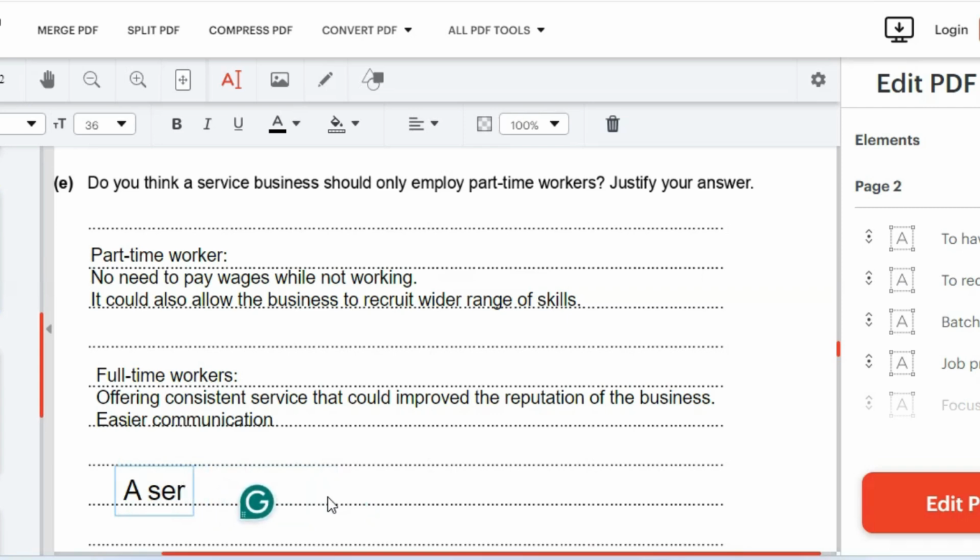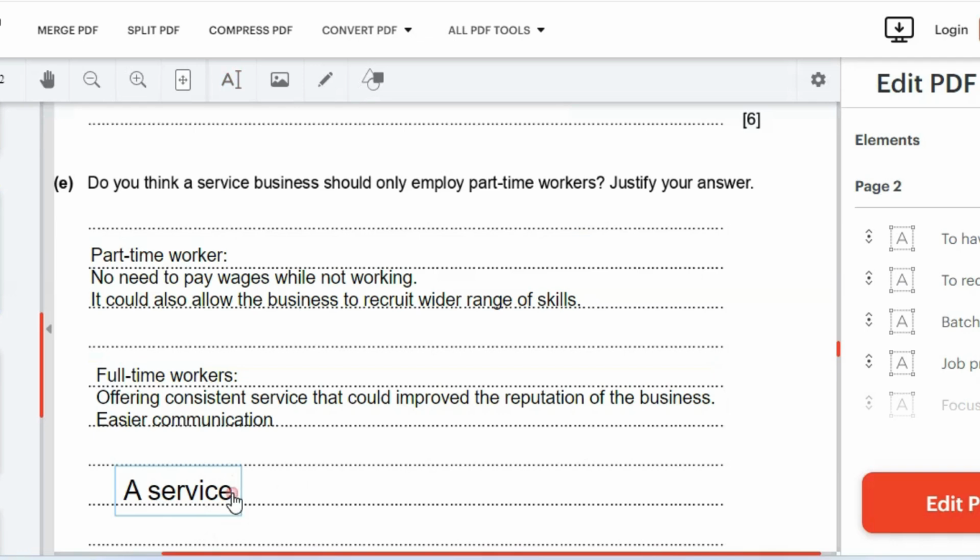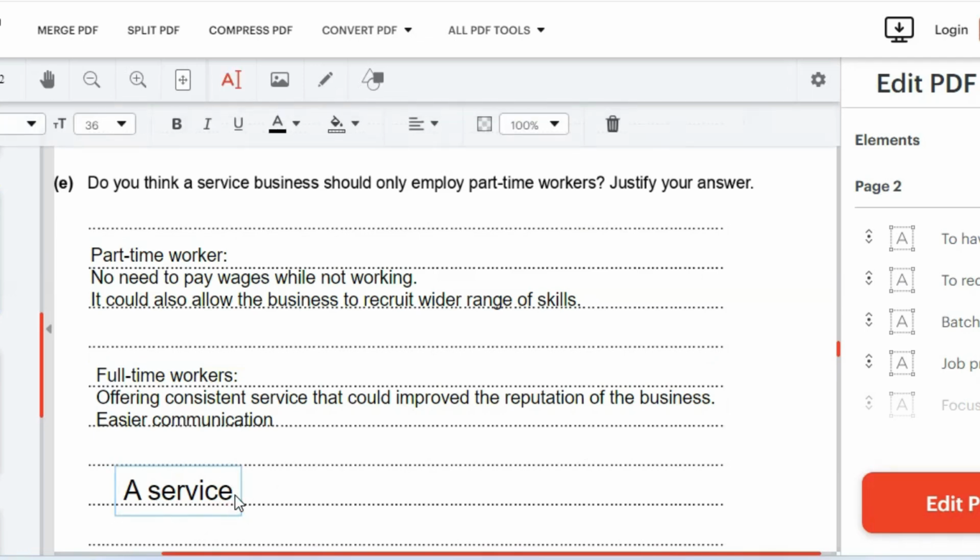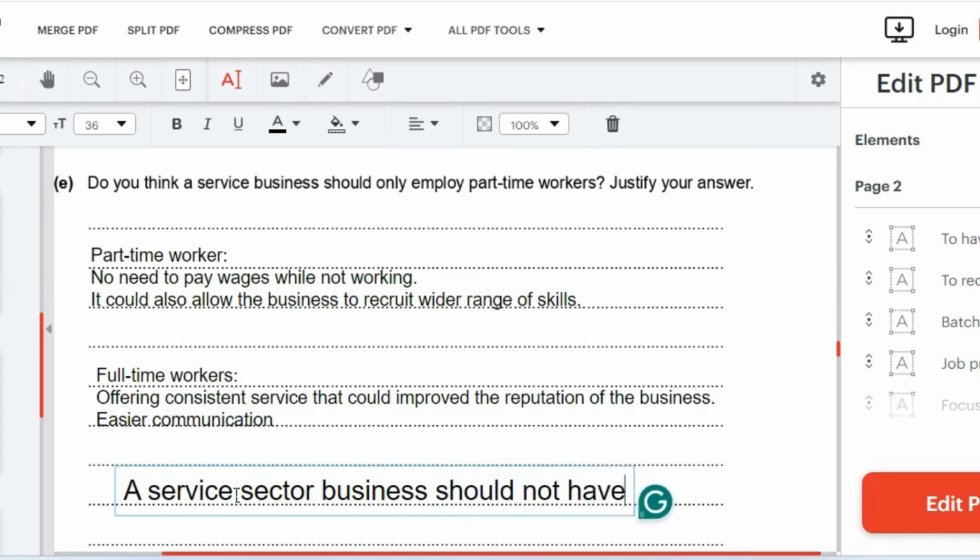A service sector business should not have only part-time workers.